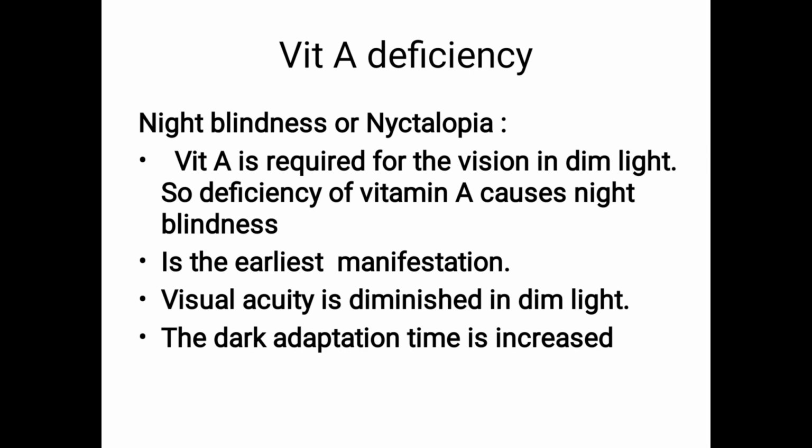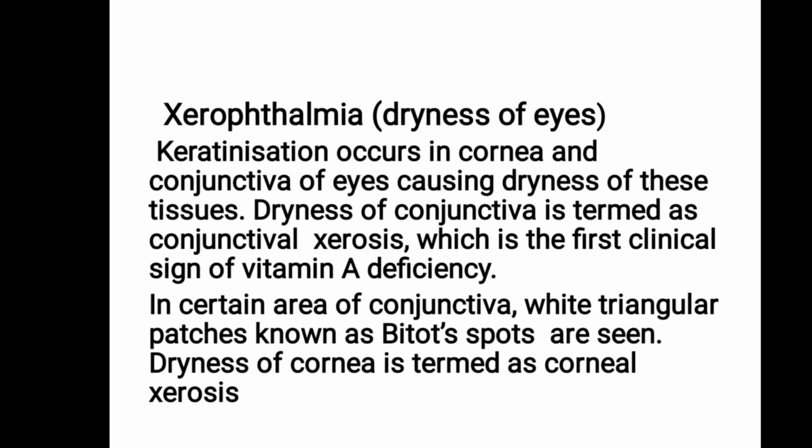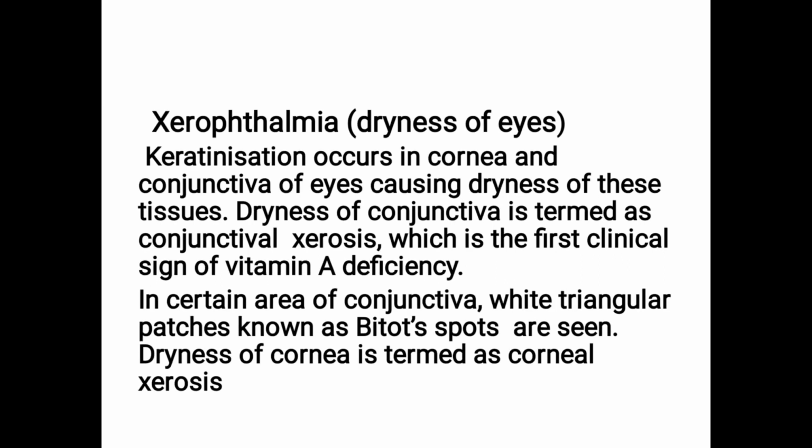dark adaptation time. Next is xerophthalmia. Ophthalmia means related to the eye. Xerophthalmia means dryness of the eye. Keratinization occurs in the cornea and conjunctiva of the eyes. What happens in keratinization? That area becomes harder and thick.